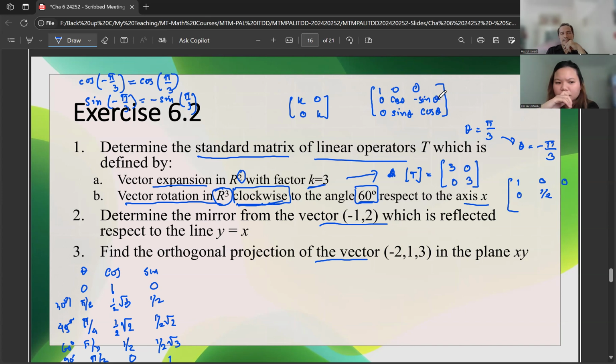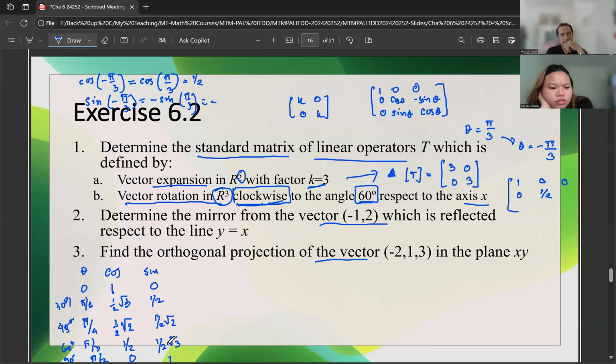No, sine theta here, minus sine minus pi over 3, and this will be minus sine pi over 3. I will write it. This is a half, and this will be minus sine pi over 3.